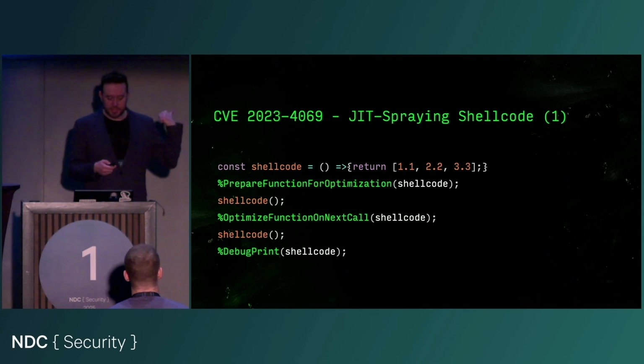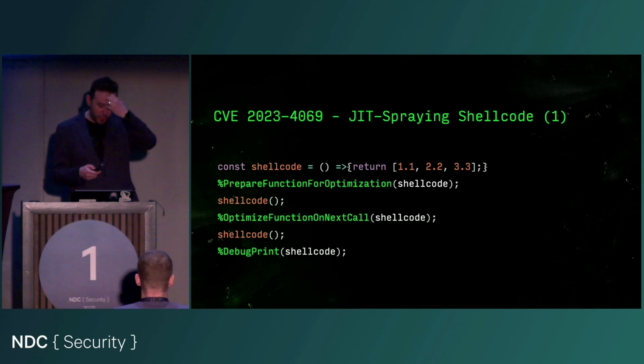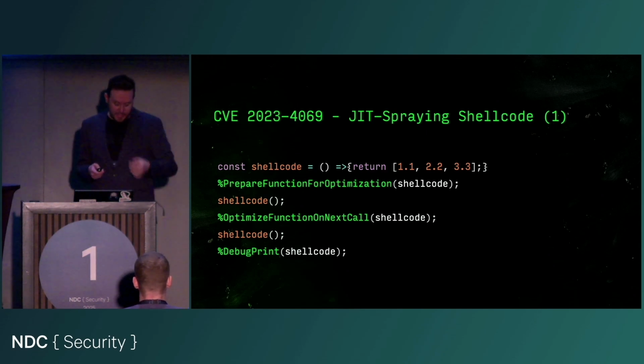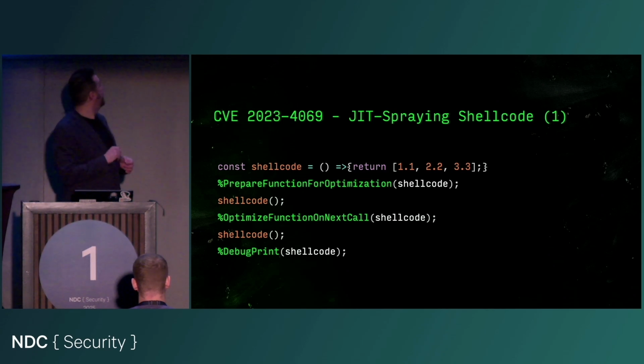This is a simple example. We have a function that returns 3 floats: 1.1, 2.2, and 3.3. Then from d8, we can trigger the JIT compiler with special functions: prepare function for optimization, then optimize function on next call. This will effectively trigger TurboFan.